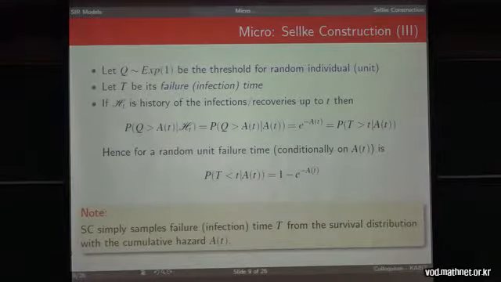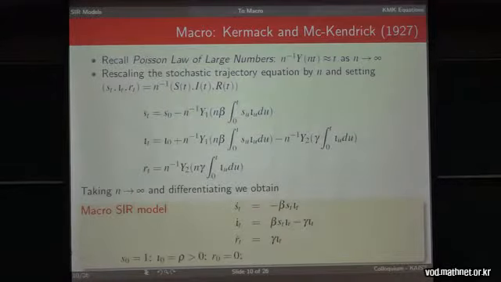So this is the integral of the limit of I. The integral of the limit of I, by that differential equation, is just R if I take the integral here. So this cumulative hazard function is basically a rescaled version of the limiting R_t in this differential equation.